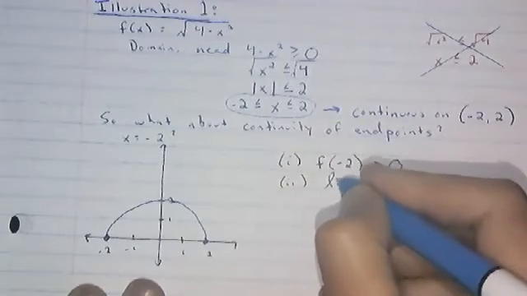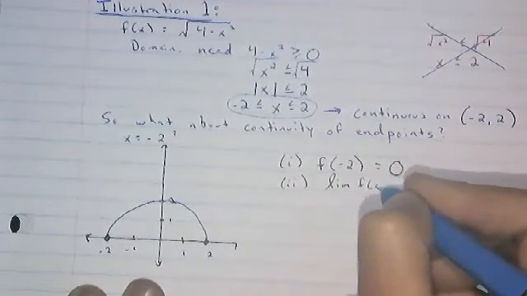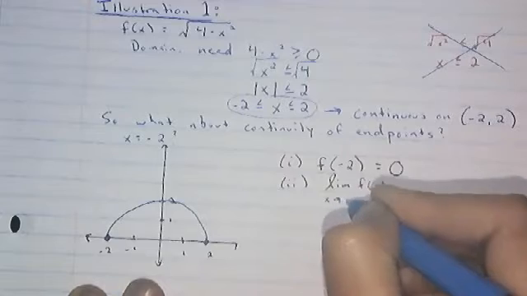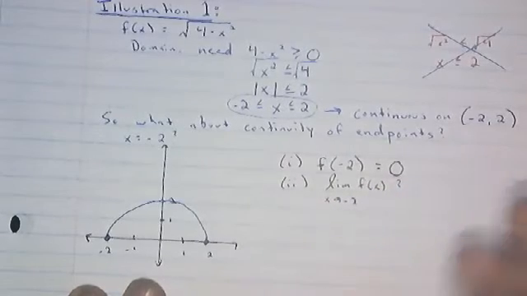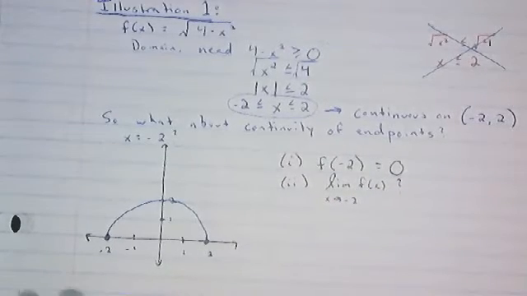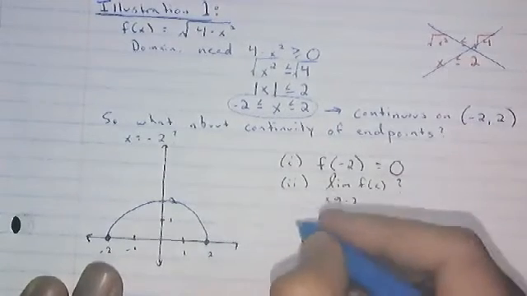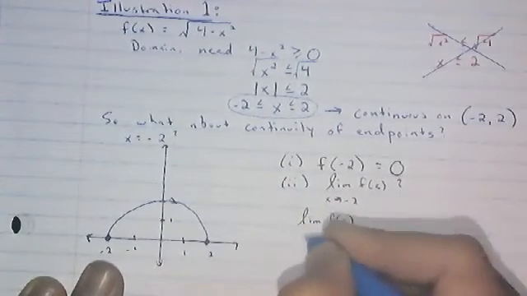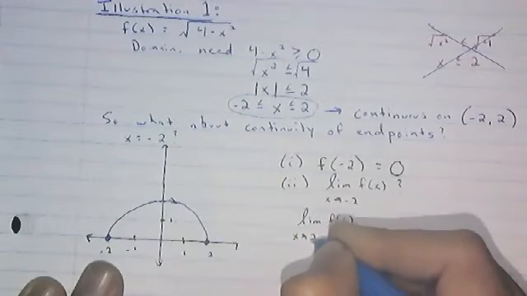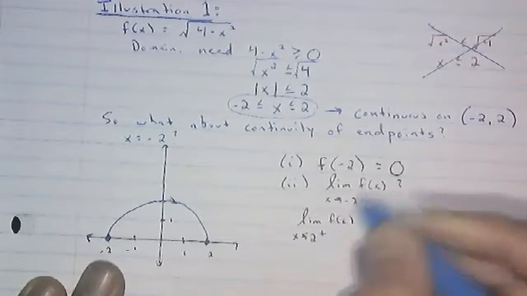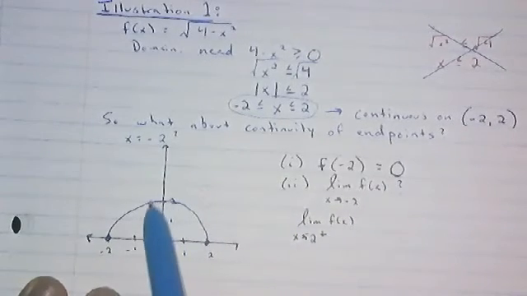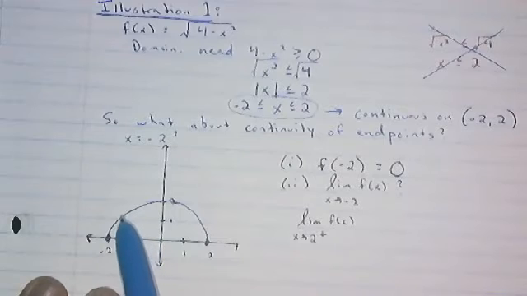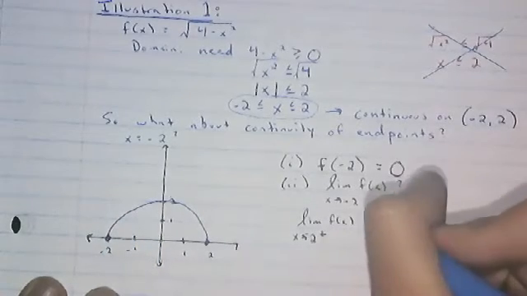What is the limit of f of x as x approaches -2? Well, this usually requires us to go left and right limits and see that they match. Let's start from the right. Limit of f of x as x approaches -2 from the right. What does this function appear to be as we come from the right of -2? Yeah, looks like it's going to 0.